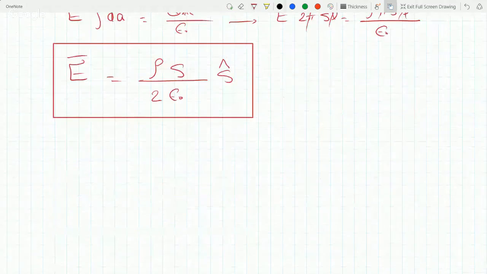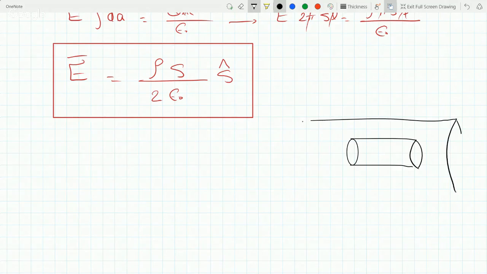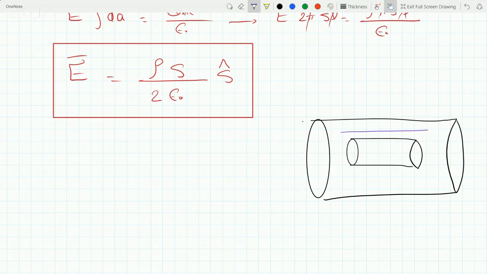So I have two cylinders, and since I'm going in between them, my Gaussian surface will be here. And this is my S now.